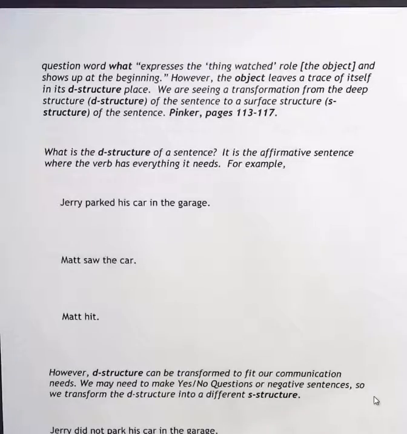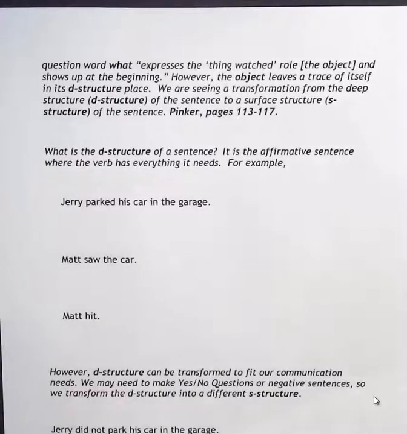D structure means that the sentence, an affirmative sentence with the verb having everything it needs, is called the D structure sentence. The object leaves a trace of itself in the D structure place, and when we see that yes or no question, we're seeing a change or a transformation from the deep structure to a surface structure or S structure.